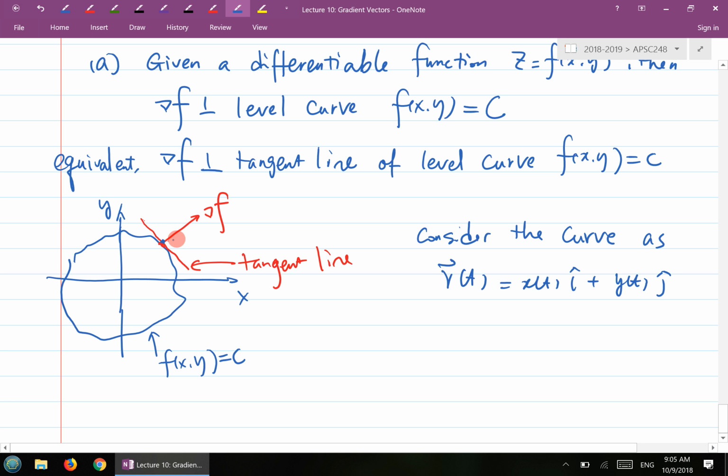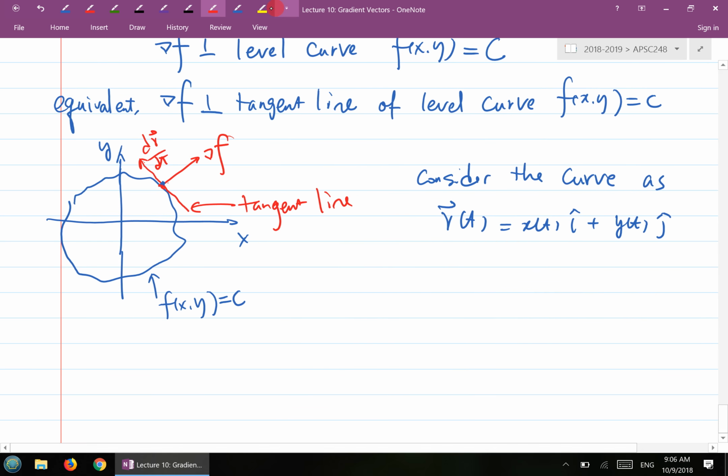If I want to prove that del f is perpendicular to this tangent line, alternatively I can try to prove that this gradient vector is perpendicular to a vector tangent here. And a tangent vector, as we learned, is the velocity or the derivative dr over dt, which is naturally a tangent vector to the curve at the point. So all I need to show is whether del f is perpendicular to this dr over dt or not. That's basically what I want to show.